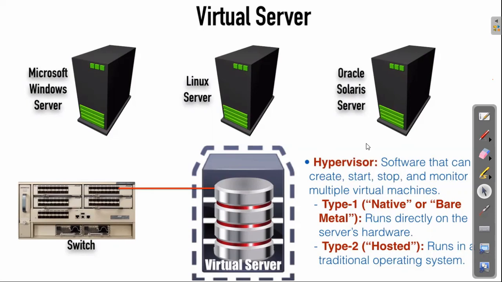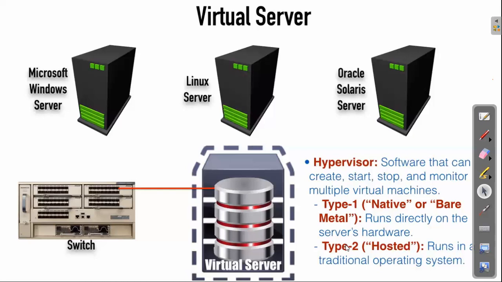Directly we install the components. It may be a Linux server, Microsoft Windows Server, or Oracle Solaris server. These can be directly installed onto this hypervisor. That type of installation is called native or bare metal.